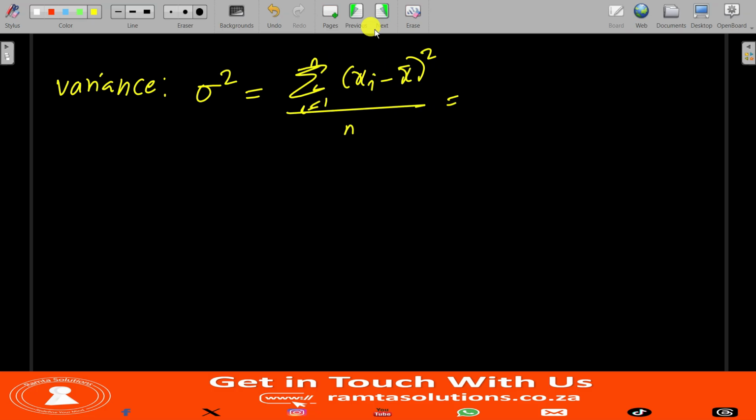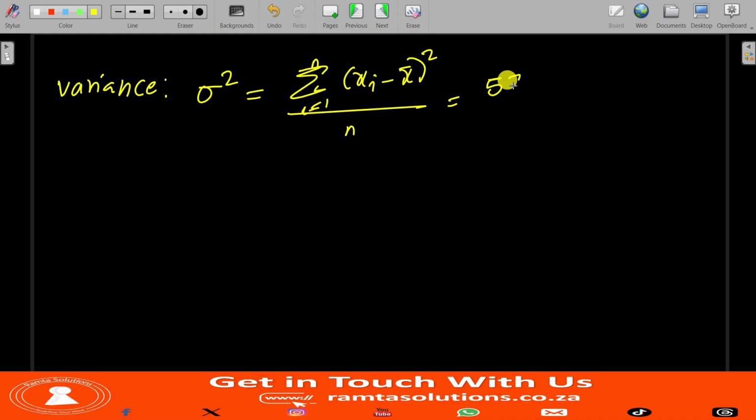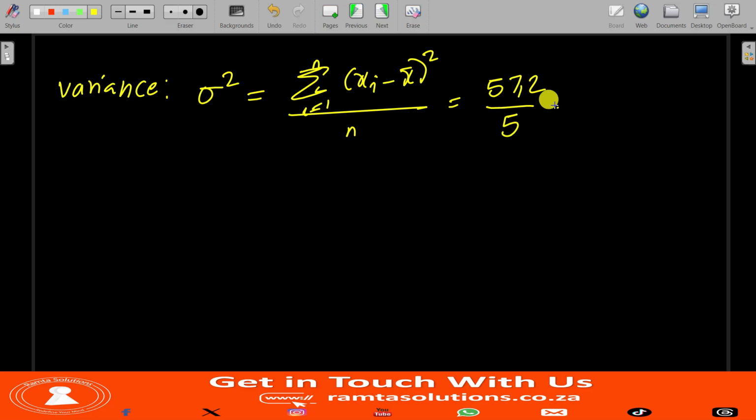The sum of the squared distances between data points and the mean. We found it to be 57.2. And how many data points are there? There are 5 data points. So 57.2 divided by 5. What do we get? We get 11.44. That is our variance.